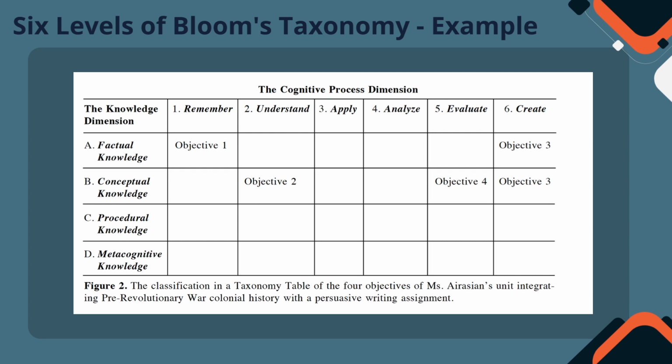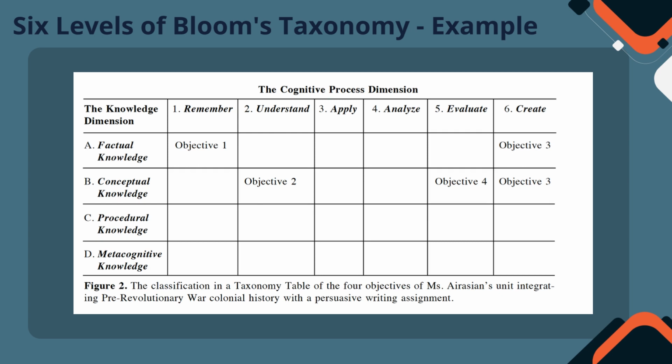To describe her position, which was part of the objectives, would require some combination of A, factual knowledge, and B, conceptual knowledge. So this objective will be classified, as you can see, in two cells: A6, factual knowledge and create, as well as B6, conceptual knowledge and create.